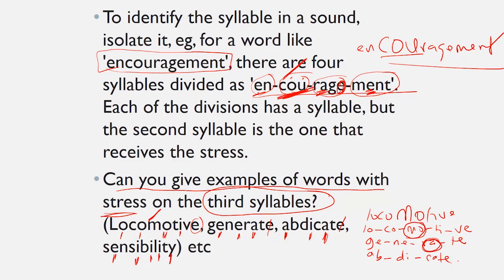If you look at this third one, the stress is also on this one here. Remember, this is not pronounced, so it becomes abdicate. Finally, we have this one here. We have sensibility. So for all of these 4 words here, their stresses are on the third syllables.